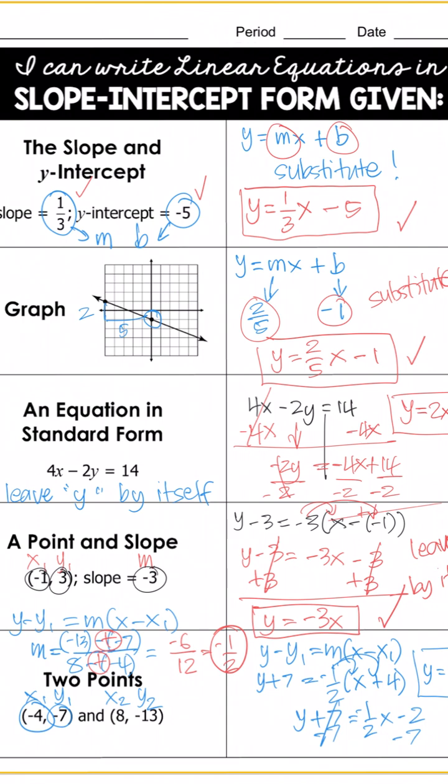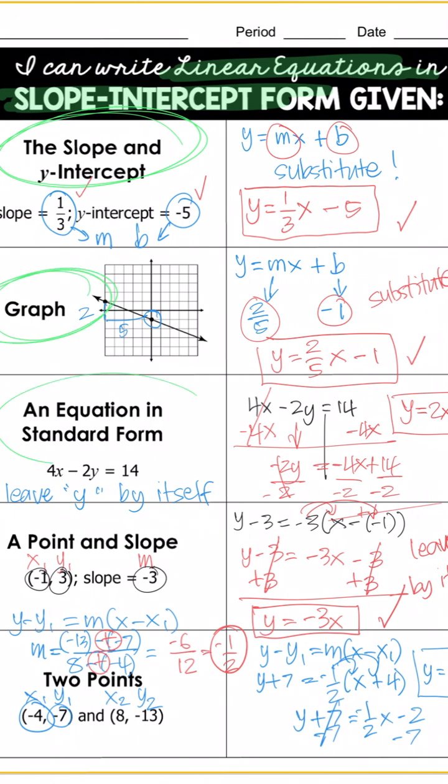So pretty much these are the different scenarios wherein we can write linear equations in slope-intercept form. First scenario is given the slope and the y-intercept. Second scenario, given a graph. Third scenario, given an equation in standard form, given a point and a slope, and given 2 points.